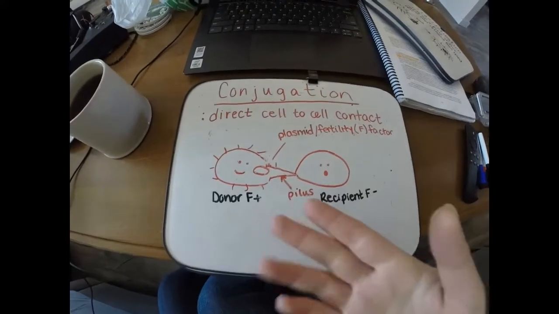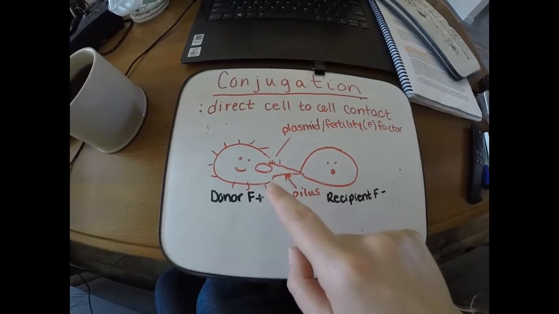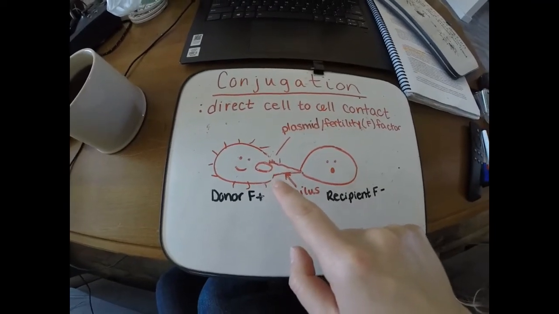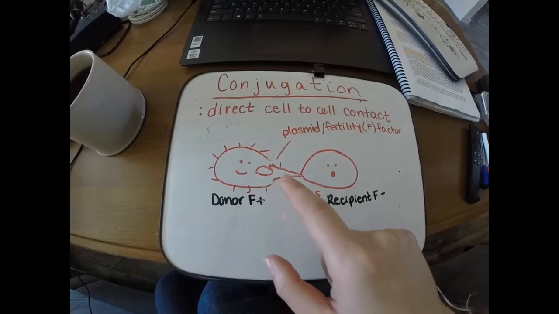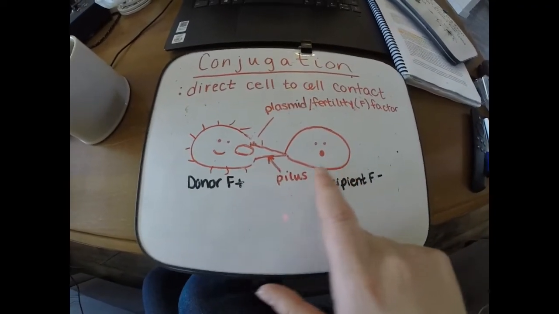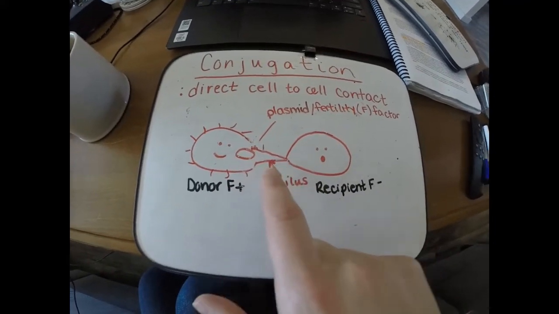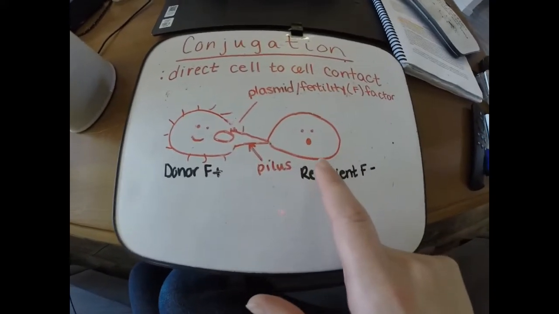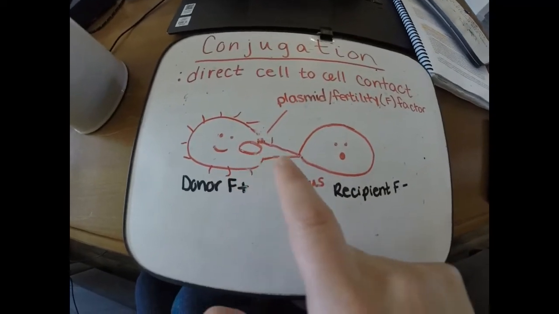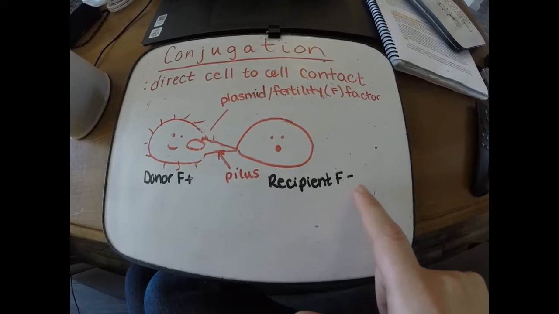So this bacteria here would have a plasmid or a fertility factor that has the gene within it to create a pilus for these cells to mate. And because it has that gene, once it gets in contact with another bacteria, it can transfer that plasmid into the recipient, or the F- factor.